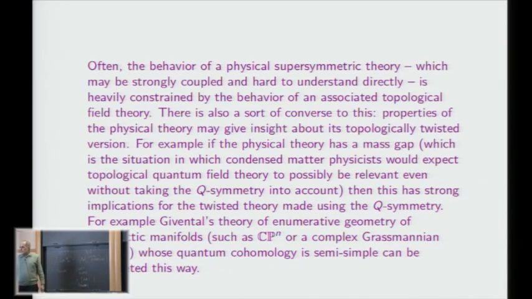So often, the behavior of a physical theory, which might be strongly coupled and hard to understand, is heavily constrained by the behavior of an associated topological field theory. And there's a converse. The properties of the physical theory might give insight about its topologically twisted version.